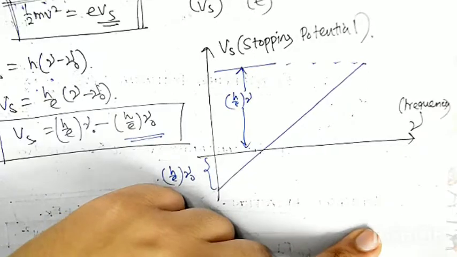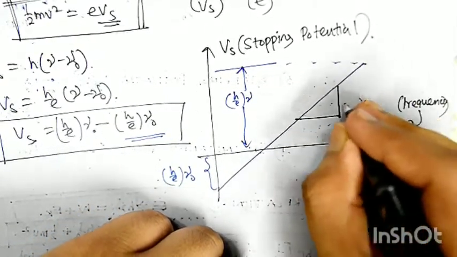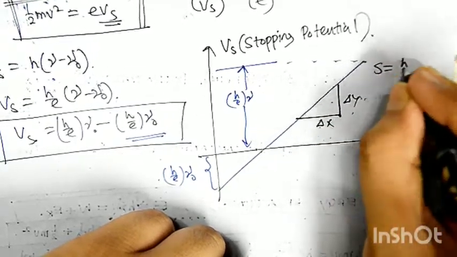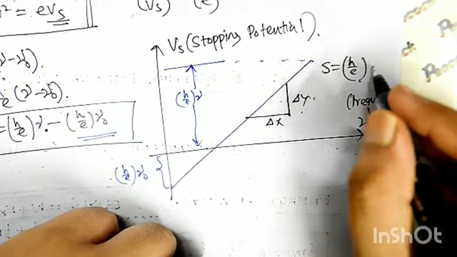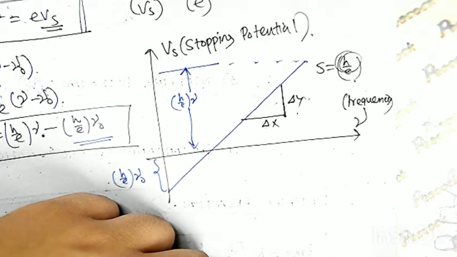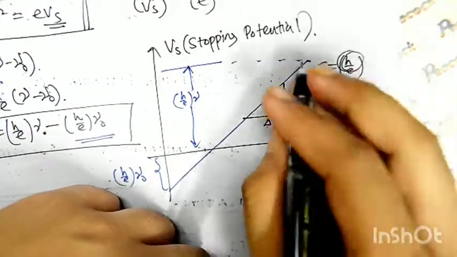If we calculate the slope here, the slope of delta y by delta x gives you h by e. So if you multiply the slope by e, you will get the value of h. So this is how slope into charge will give you the value of Planck's constant.